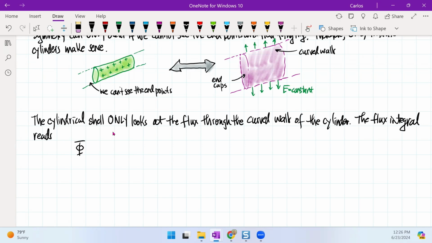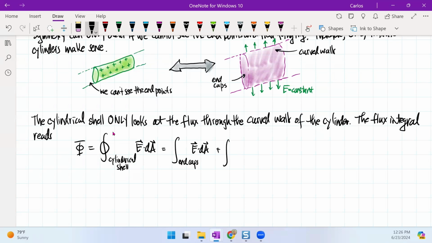And if I look at that, I'm integrating over a cylindrical shell. So when I look at the shell of this E dot dA, this is going to be an integral over the end caps of E dot dA, plus the integral over the curved walls of E dot dA.